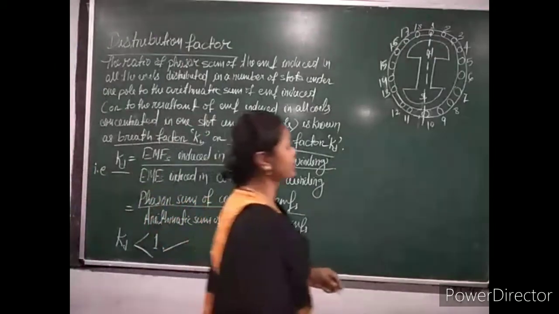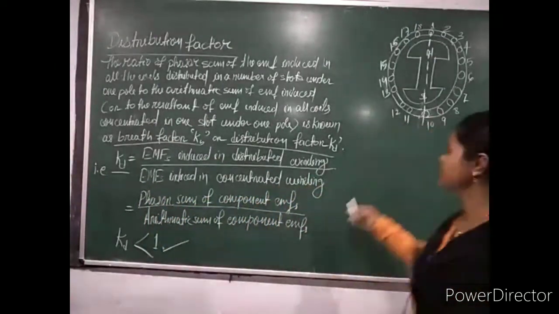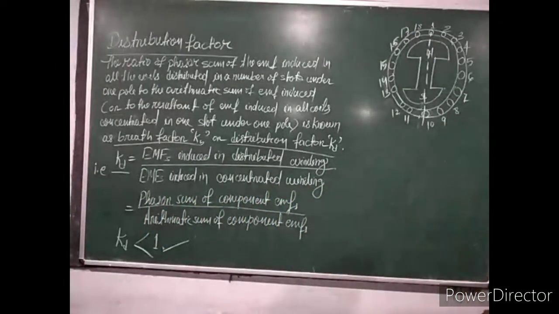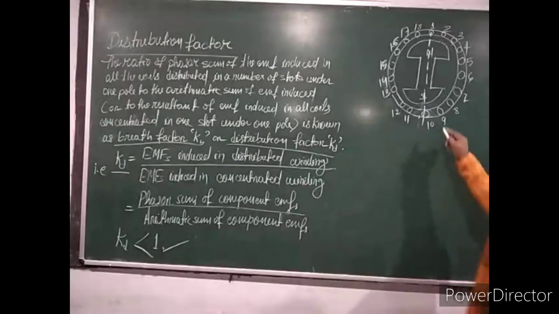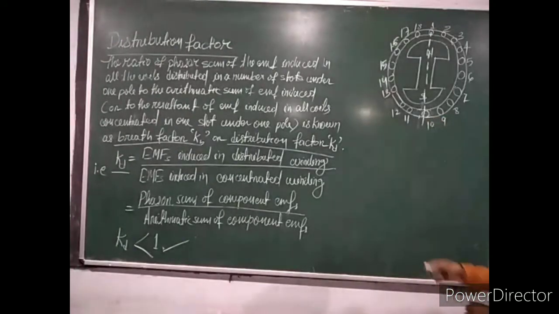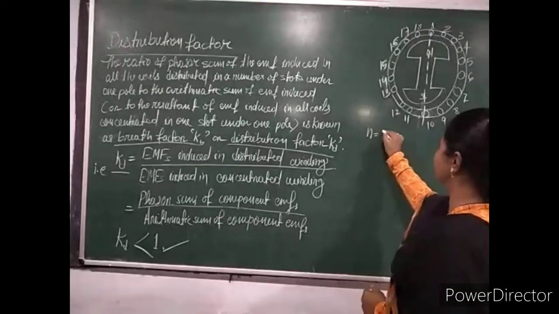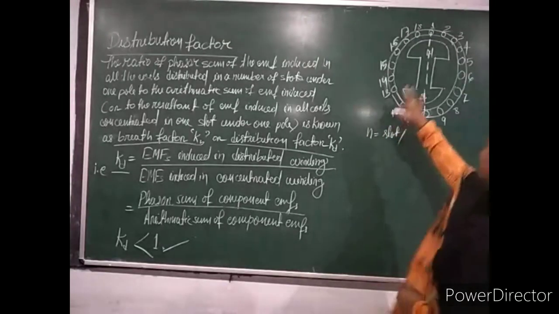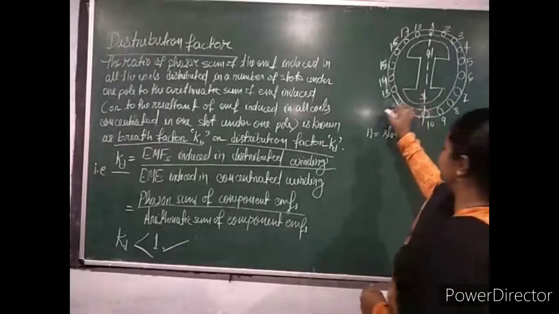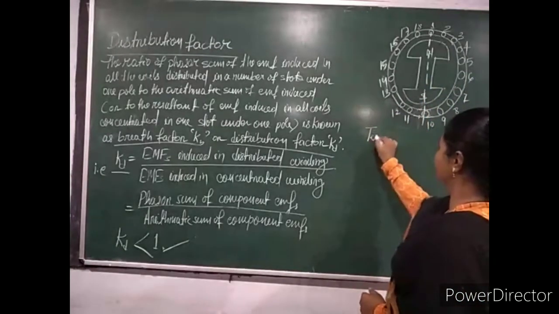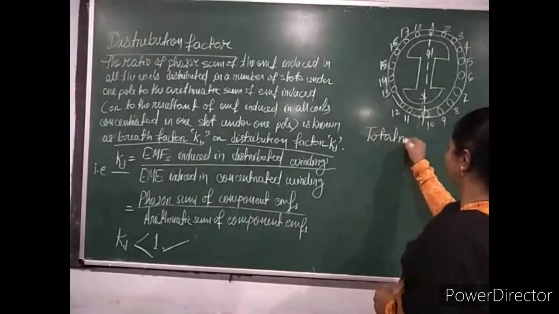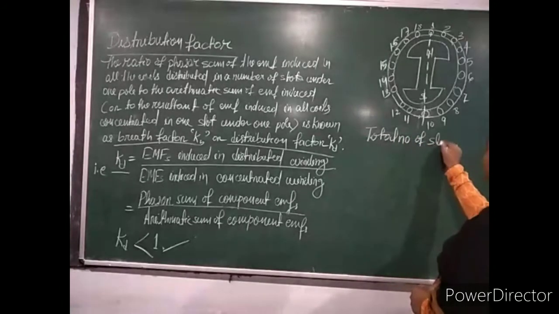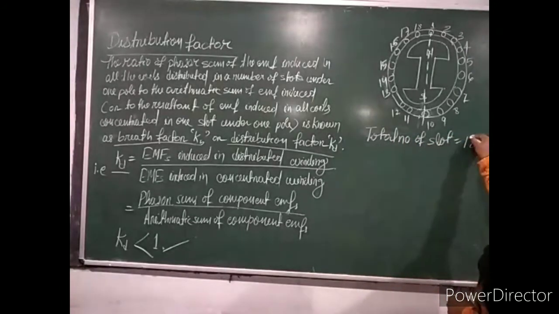Let us take the example of this synchronous machine. In this synchronous machine, suppose in a three-phase system, let small n be the number of slots. Here the total number of slots is 18.